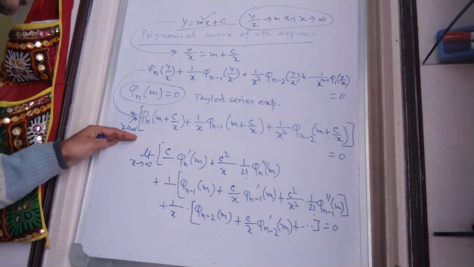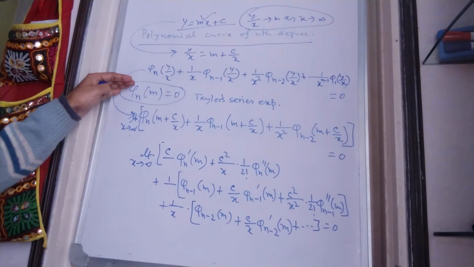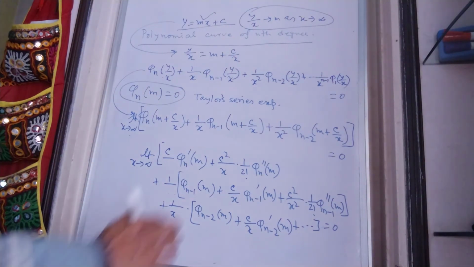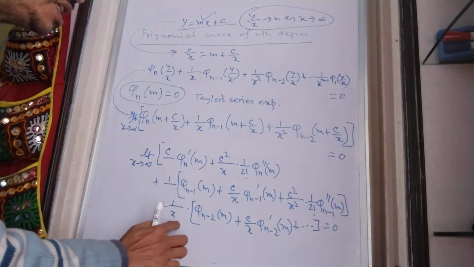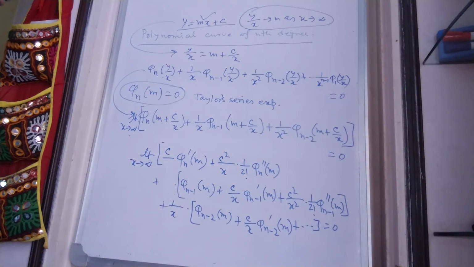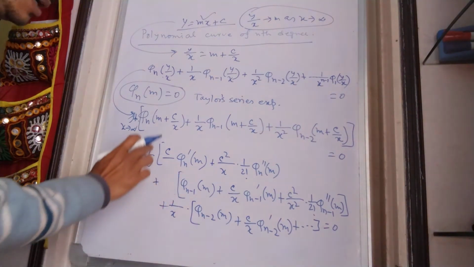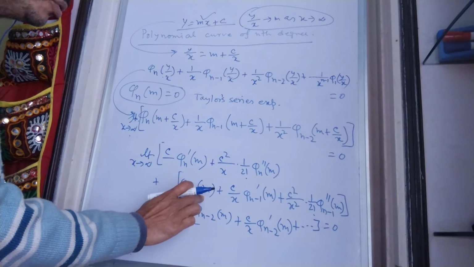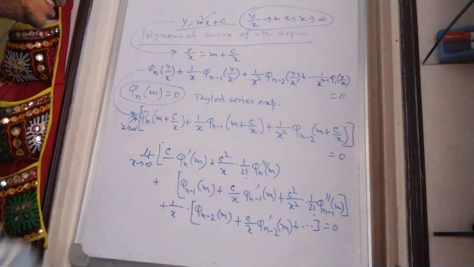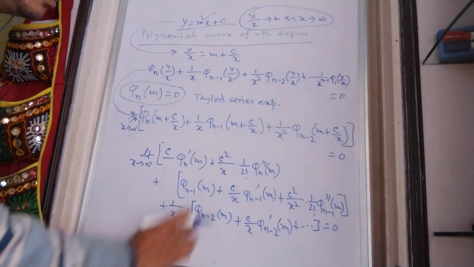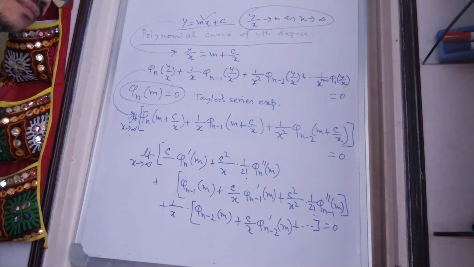Actually, while taking the limit, we see that phi n m is actually 0, so it cancels out, and then we multiply with an x and take the limit as x tends to infinity. See that all these terms are 0, so we have only this and this, isn't it so? Just take a good look. While multiplying by x and then taking the limit, we are left with these two terms only. So after taking the limit from this relation, we have c phi n prime m plus phi n minus 1 m equal to 0, because all these other terms are becoming 0.